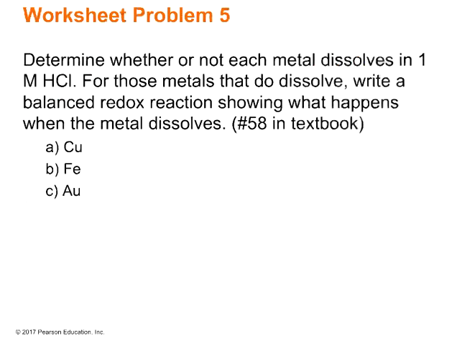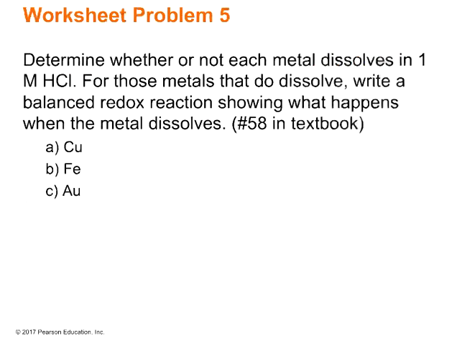All right, so worksheet problem 5. Let's determine whether or not each metal dissolves in 1 molar hydrochloric acid. For those metals that do dissolve, write a balanced redox reaction showing what happens when the metal dissolves. All right, so copper we already mentioned, right?